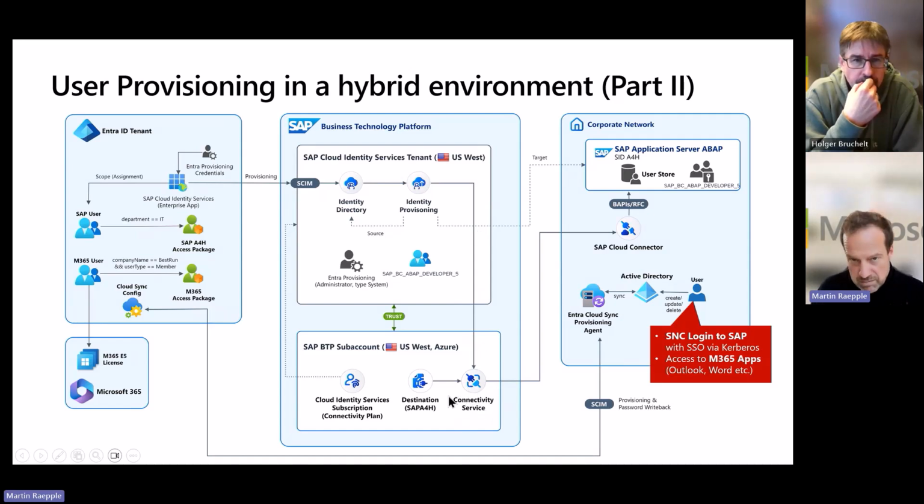So in my setup, I have also followed that SAP documentation so that I have a BTP sub-account in the US West region on Azure and a corresponding Cloud Identity Services tenant also in the US West region. So it's not possible to implement such a scenario, for example, if this Cloud Identity Services tenant would be in Sydney or in any other region. So that's quite important. That's why I also highlighted it here on that slide.